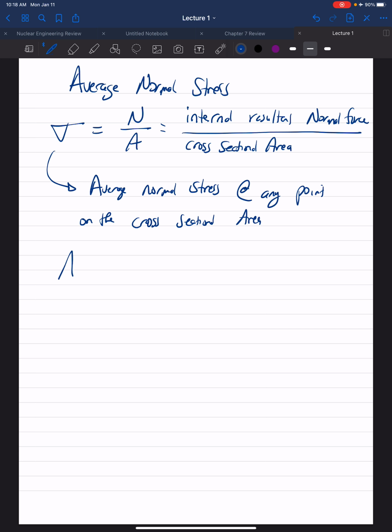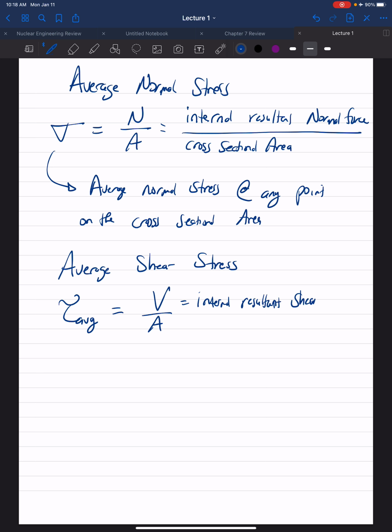The average shear stress, tau average, is the internal resultant shear force V over the area of the section.